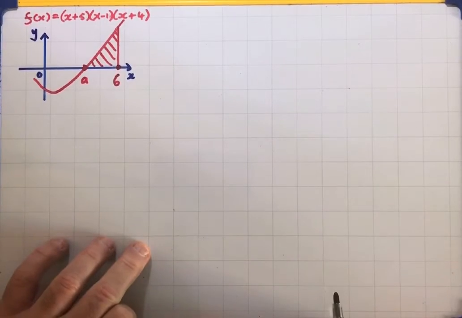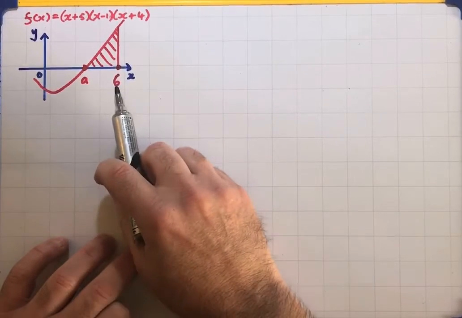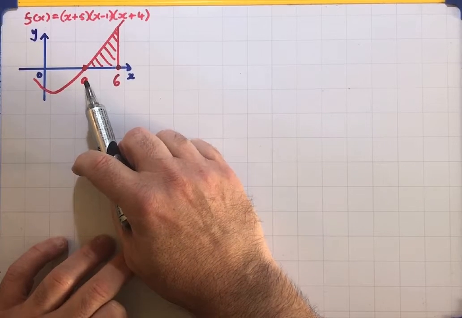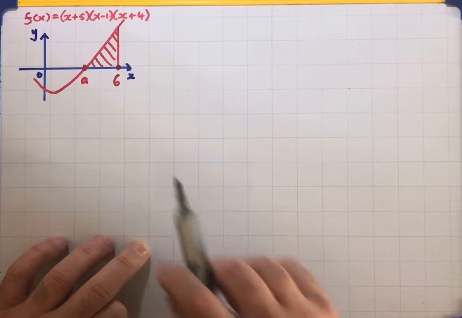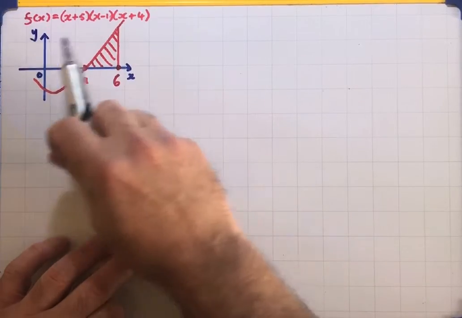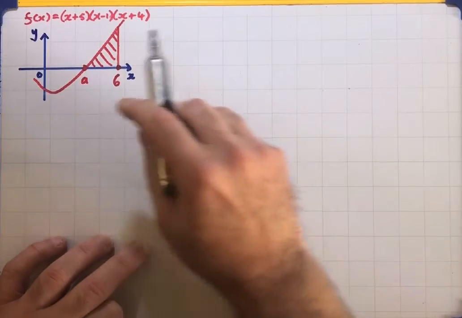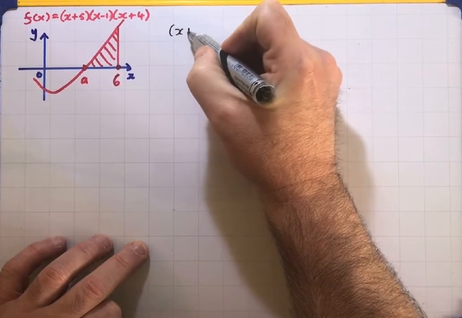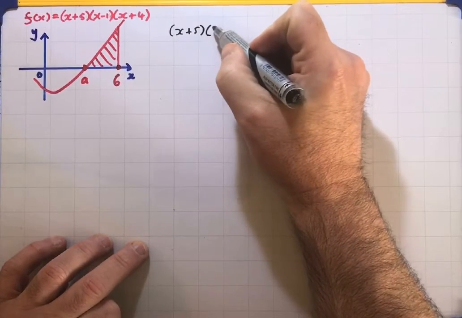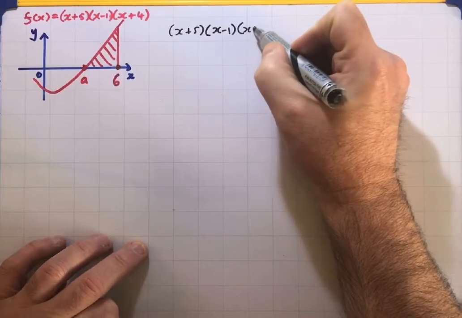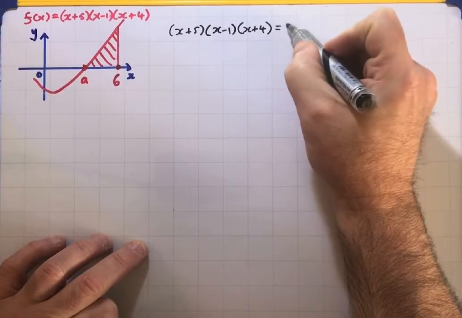In this second example, they've given us the upper limit, but they have not given us the lower limit, so we have to work that one out. But they've done us a favour in that they've factorised the function for us. So if I'm looking at that one, what I want to know is where does x plus 5, x minus 1, and x plus 4 equal 0?